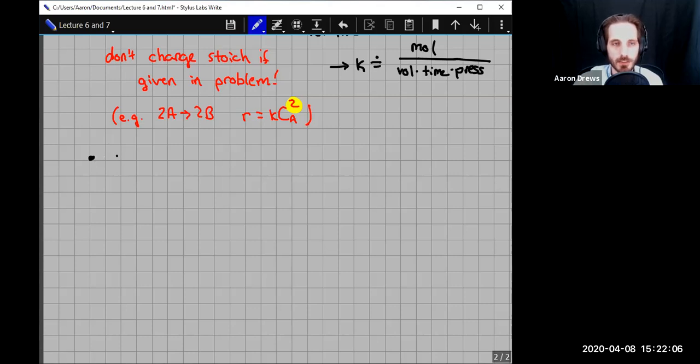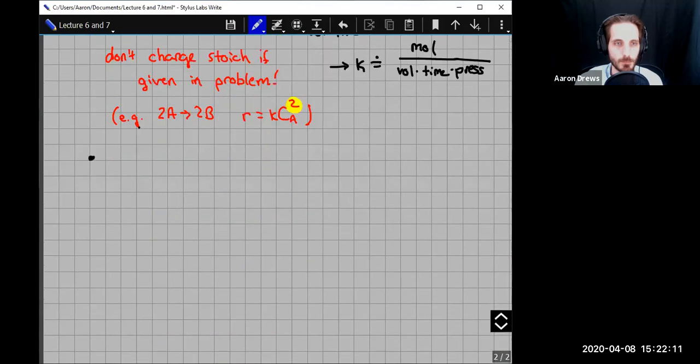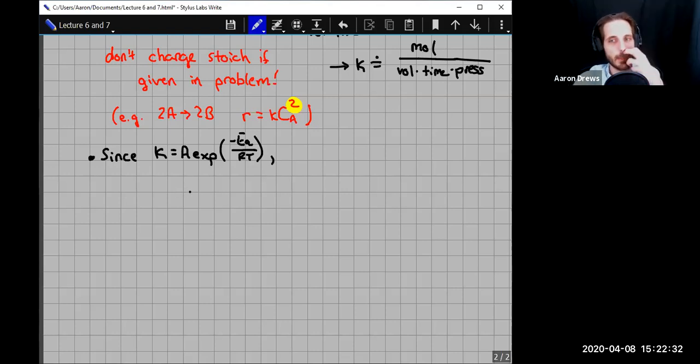Another way that you can calculate K, I was trying to decide if I want to go over this or not, because it's very similar to something else that we saw before. But since any old k is equal to A times the exponential of minus E_A over RT, we can do a trick not unlike the trick that we did with relating two equilibrium constants, to relate two rate constants.